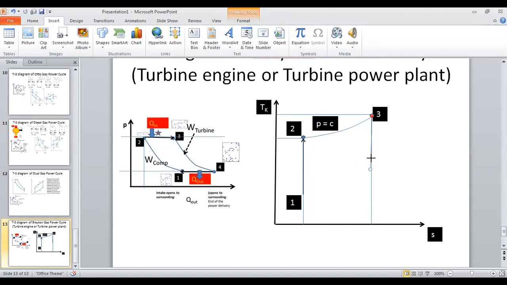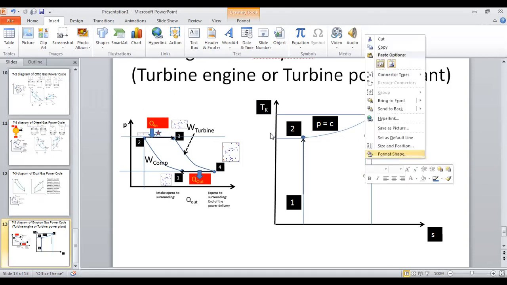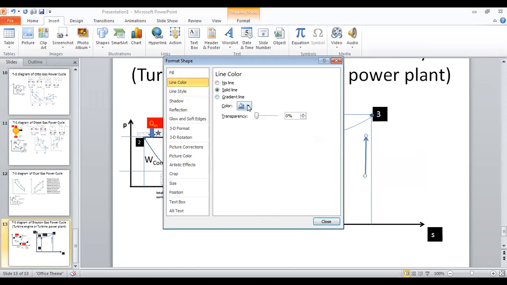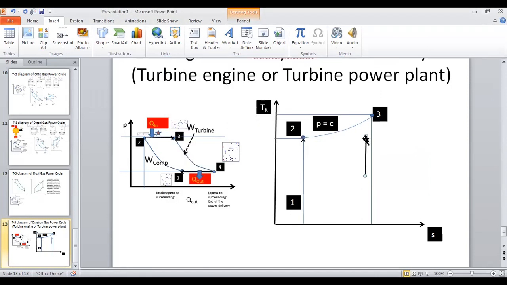Okay, quite interesting. 3 to 4, like this.